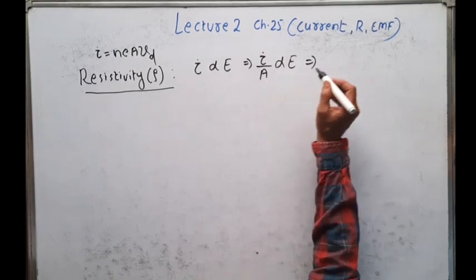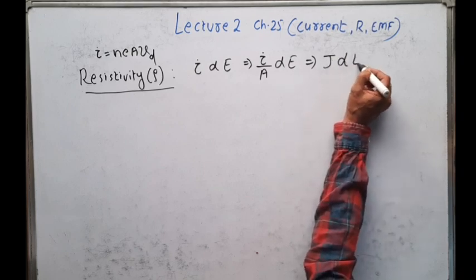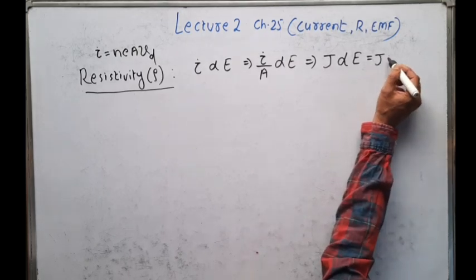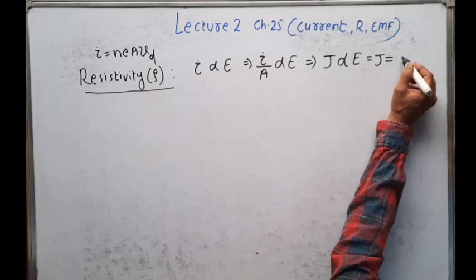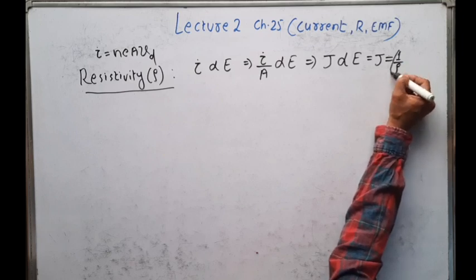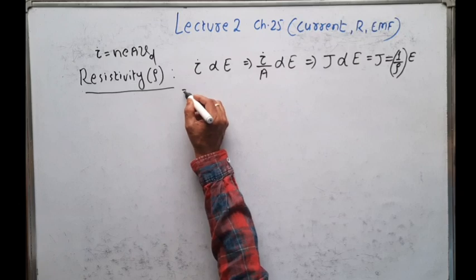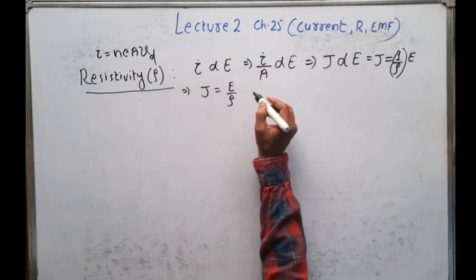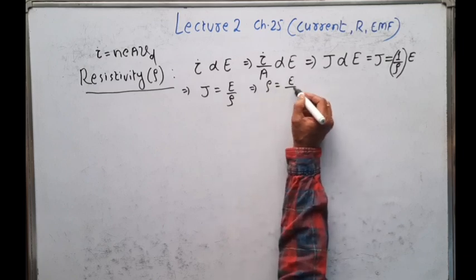It is nothing but current density, that is J. So J is directly proportional to the electric field intensity. Or you can say J is equal to some constant into E. So that constant is equal to 1 upon rho. That is J is equal to 1 by rho into E, or I can write J is equal to E by rho, or rho is equal to E by J.